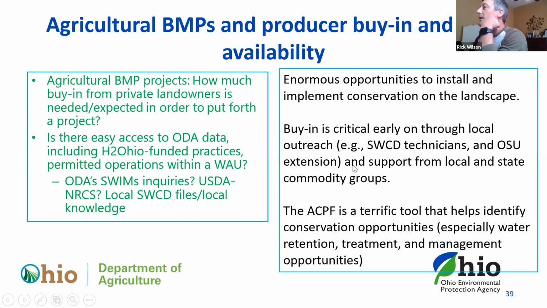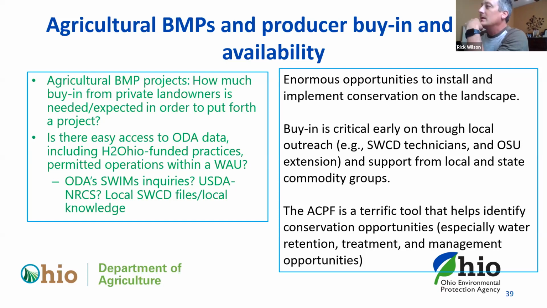Buy-in is critical. Use of SWCD technicians, OSU Extension, or other support from local and state commodity groups to get folks interested, or to get them on board with looking for solutions is critical. I think next week we'll probably hear a little bit more about the Ag Conservation Planning Framework, but it's a GIS-related tool that helps identify where the best conservation opportunities, especially for water retention, treatment, and management go.